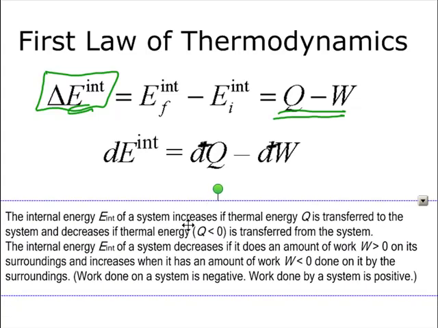The internal energy of the system increases if thermal energy Q is transferred to the system and decreases if thermal energy Q is transferred from the system. Internal energy increases if work decreases if the system does work on its surroundings, and increases when there's a negative amount of work because that's work being done on the system by the surroundings.